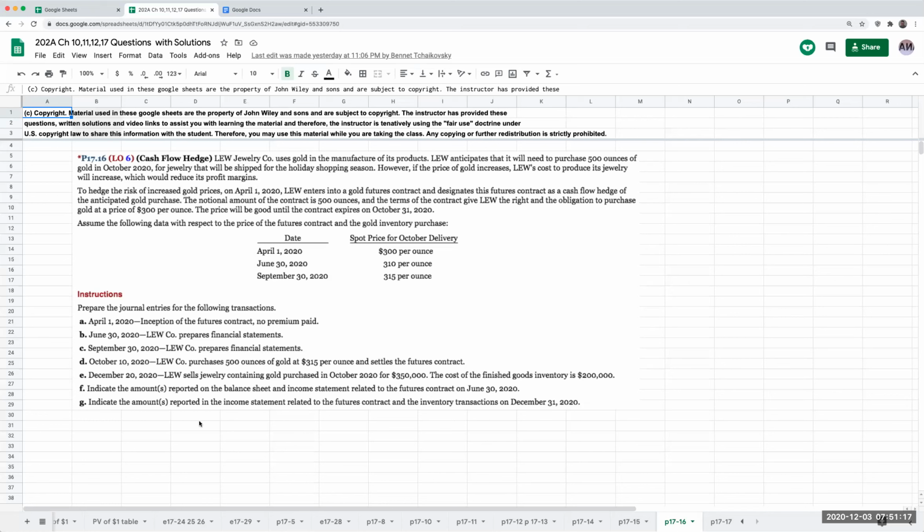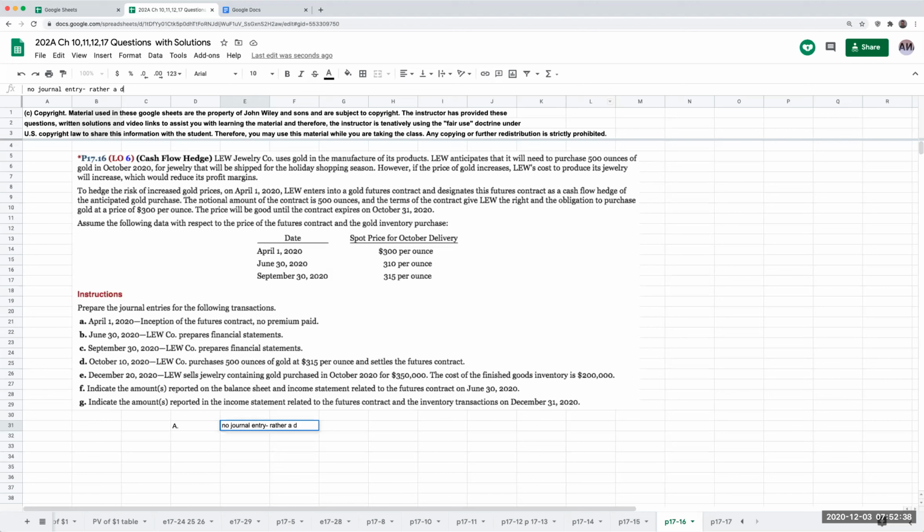Okay, so for this first one, on April 1st, for letter A, because there's no premium paid on April 1st, there is no journal entry.